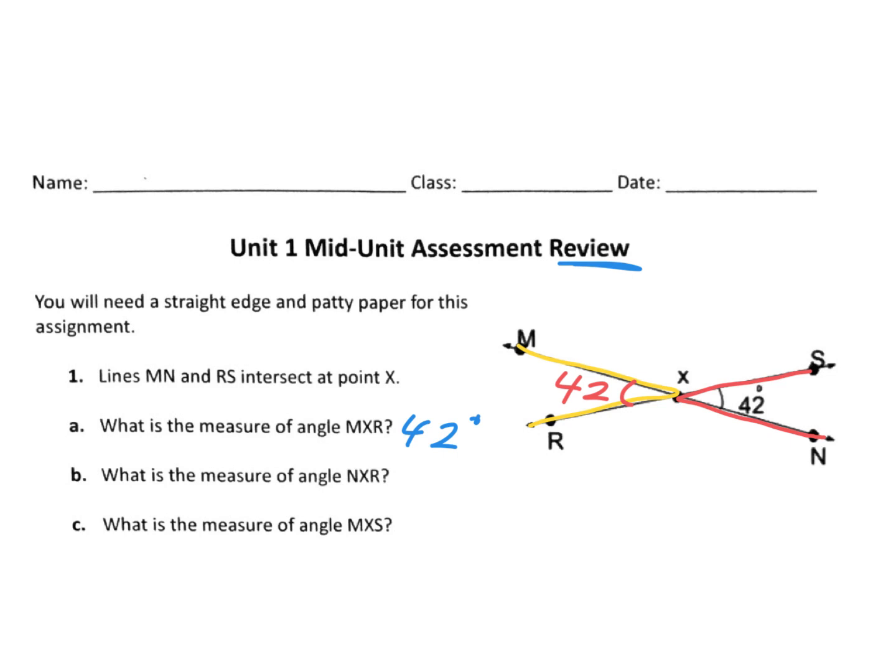The next one says, what is the measure of N X R? So that's N to X to R. That's this measure in here. Now I can see that they're intersecting lines, and I know that a straight line has 180 degrees.